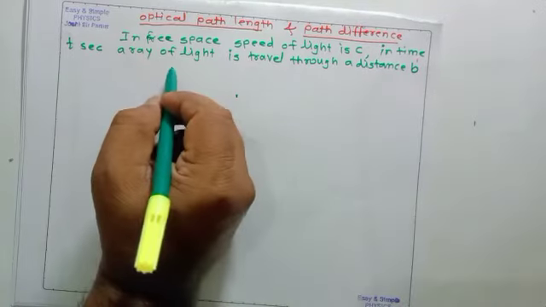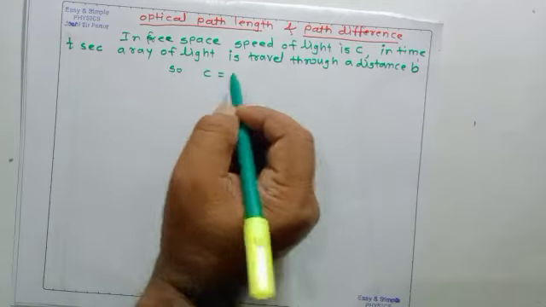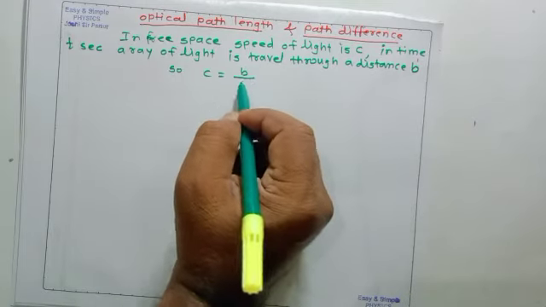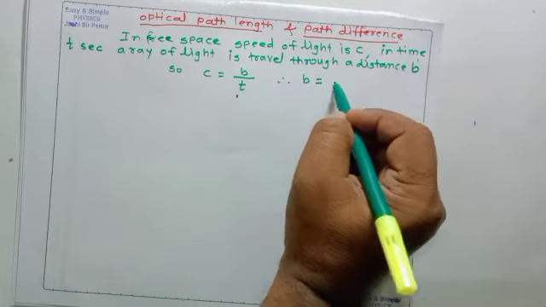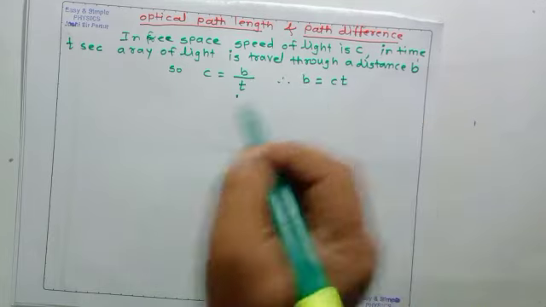So c is equal to distance upon time. Therefore, distance is equal to c into t.